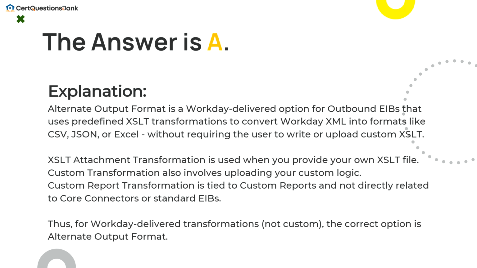Custom transformation also involves uploading your custom logic. Custom report transformation is tied to custom reports and not directly related to core connectors or standard EIBs. Thus, for Workday-delivered transformations, not custom, the correct option is alternate output format.